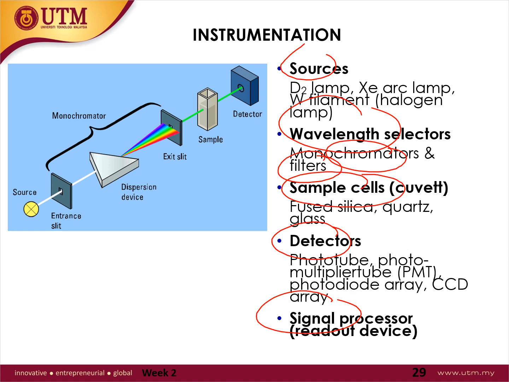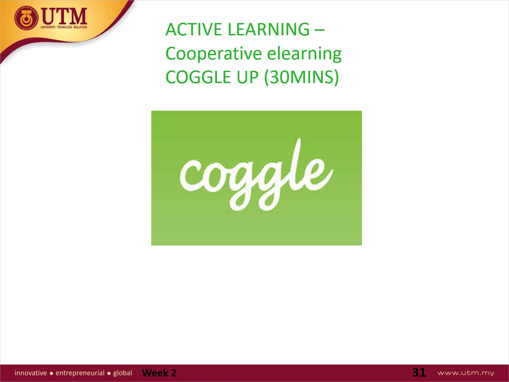active learning on this instrumentation. Okay, so I will stop the video of class now. We will have active learning. Okay, after we take a break after this, we will have active learning on cooperative learning, bukan e-learning, sorry, cooperative learning, whereby we will use Coggle Up.